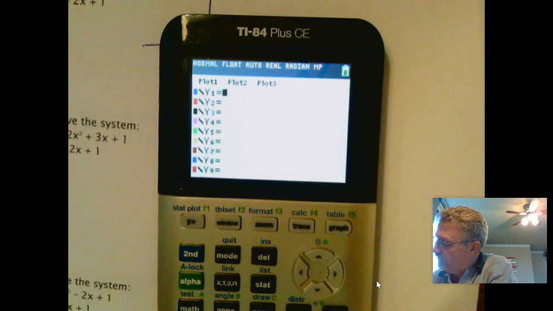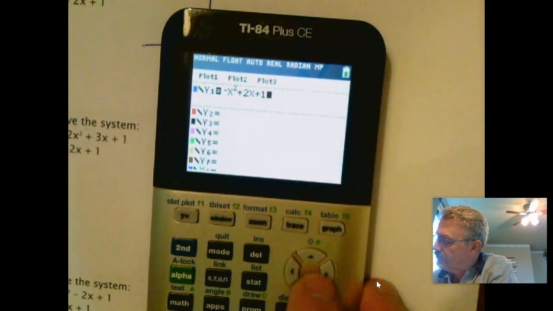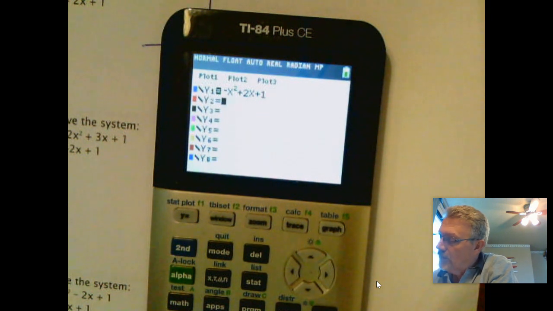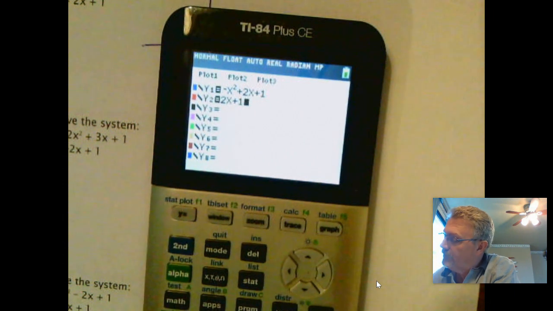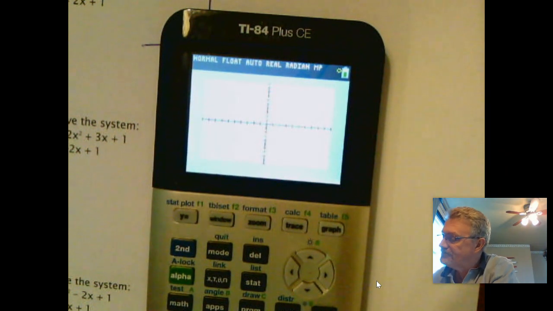So y equals negative x squared plus 2x plus 1 and 2x plus 1. Then zoom 6 back to our standard window.